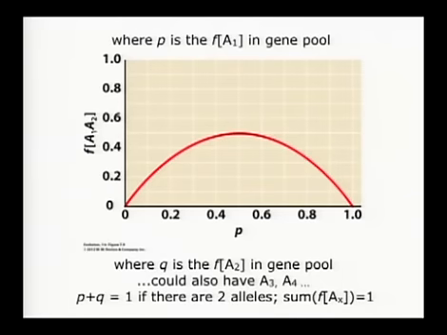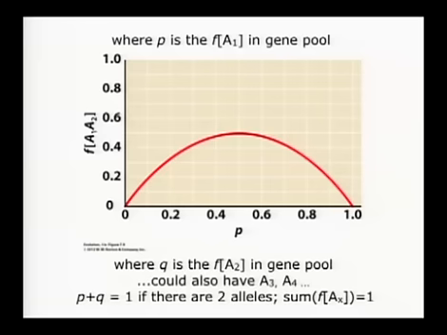And then there's this other frequency, and that's what we'll call Q, which is the frequency of A2 alleles in the population. And similarly, it would go from 0 over here to 1 over there, right? Like if the frequency of A1 alleles is 1, then the frequency of A2 alleles is 0.